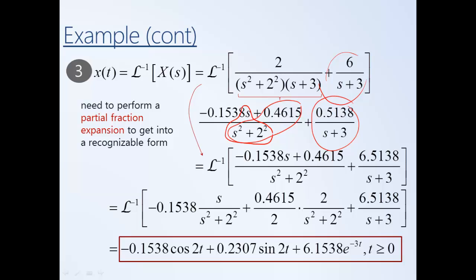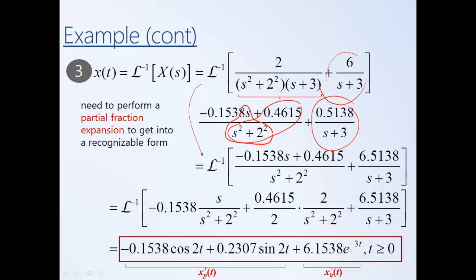Recalling what our poles were, the poles were minus 3 and plus or minus 2j. The negative 3 was completely real, corresponding to exponential decay with no oscillation since it had no imaginary part. Negative 3 was also the root of the characteristic equation, so this part is the homogeneous solution. We also had a forcing function that was a sinusoid of frequency 2, and so the particular solution has the same form as the forcing function.